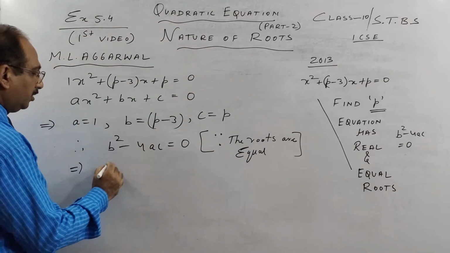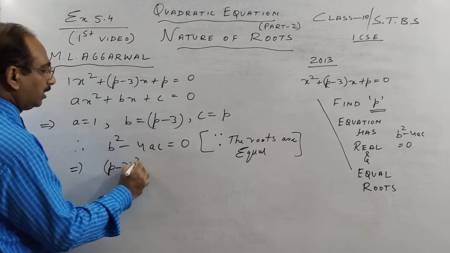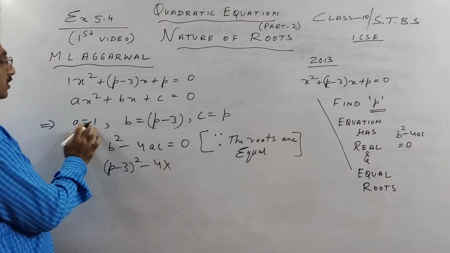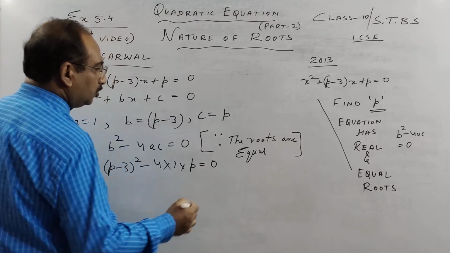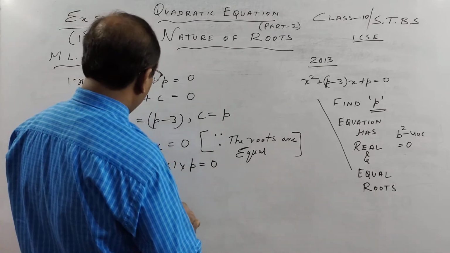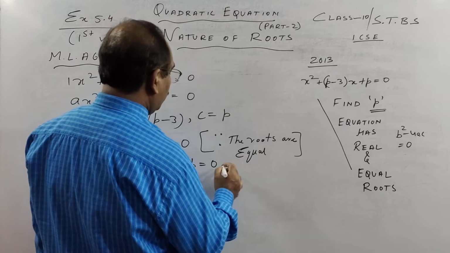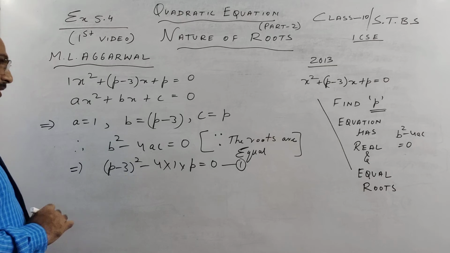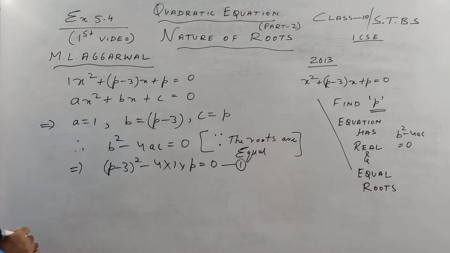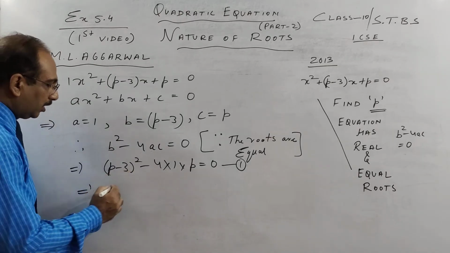What is b? p minus 3 whole square, minus 4, a is 1, c is p, equal to 0. Up to here, this is a 3 mark question, and I'll tell you 1 mark you'll surely get here for correct substitution.